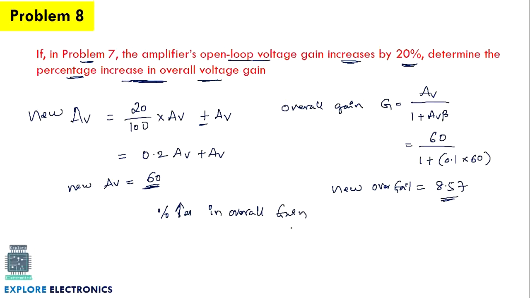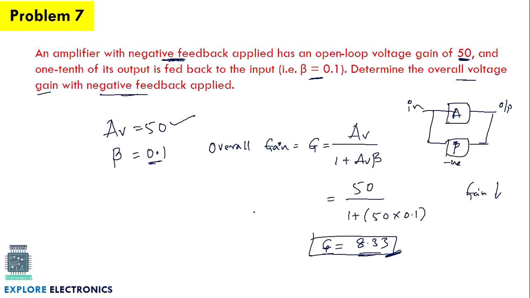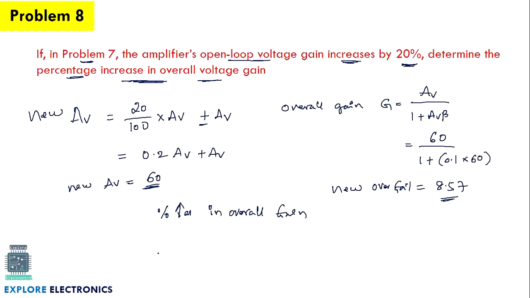The percentage change in overall gain: previously we got 8.33 as gain. Here you can observe that without the 20% increment we got 8.33. So let us write the old gain G is 8.33, and the new value of gain is 8.57.